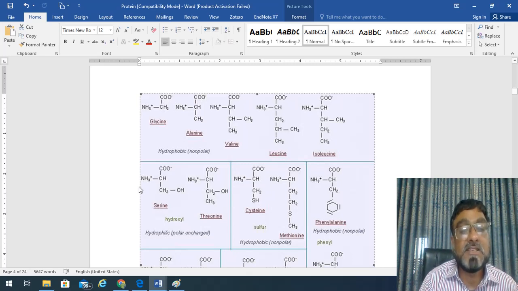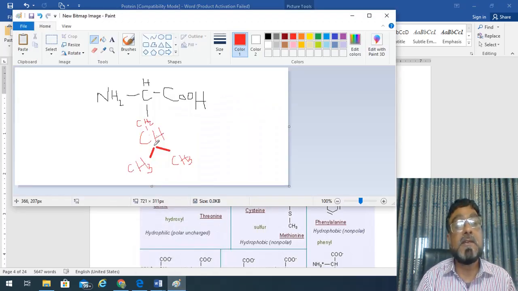The basic structure is the same again. Again, this is the same structure. And what is the change, because that contains the hydroxyl group in it.